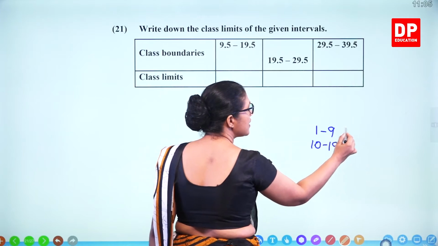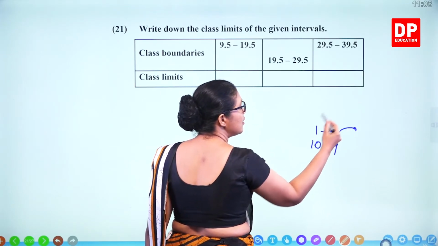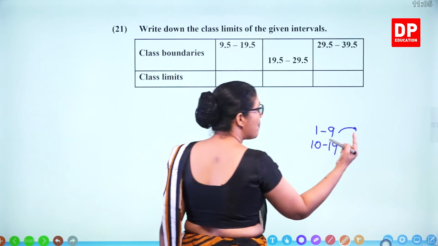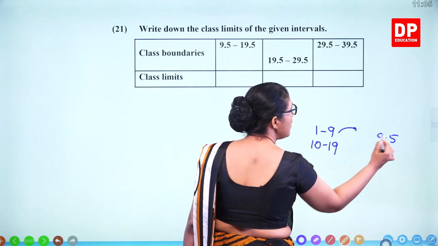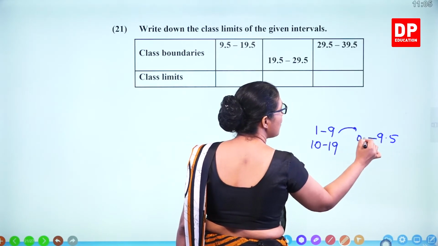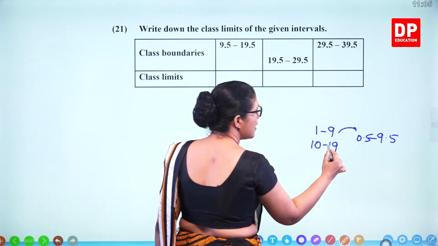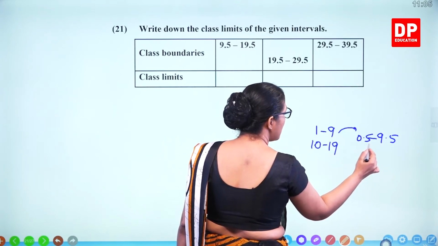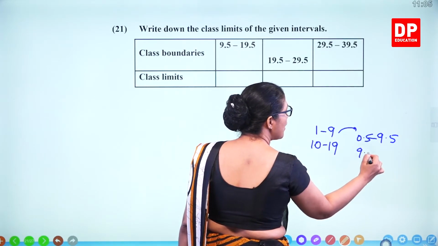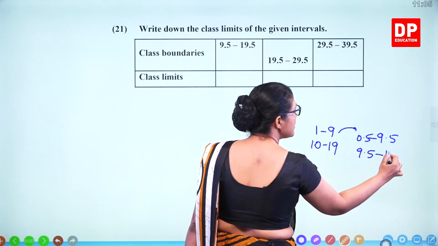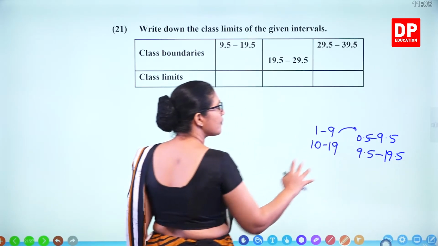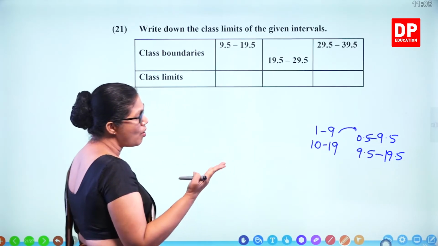So you are adding 0.5 for the upper boundary. So 9.5 and here 0.5. Those are the boundaries. This one becomes 9.5 to 19.5. Now similar to that, what do we do?